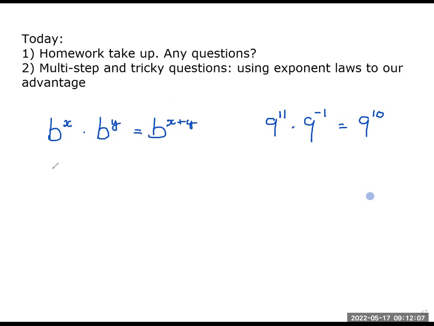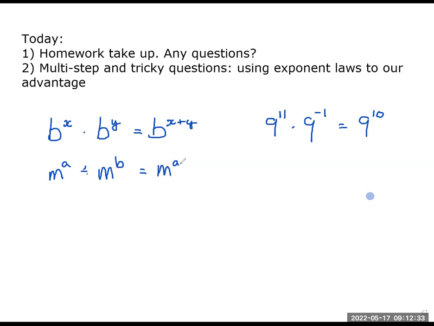Next, if I have some base, let's do m, to the power of a divided by m, the same base to the power of b, what happens to the exponents? By sheer logic, you should be able to figure it out. If I'm multiplying, the exponents add. If I'm dividing, the exponents will probably subtract.